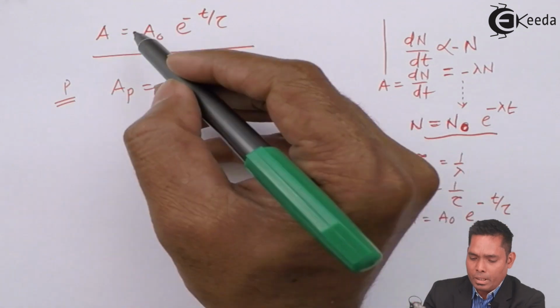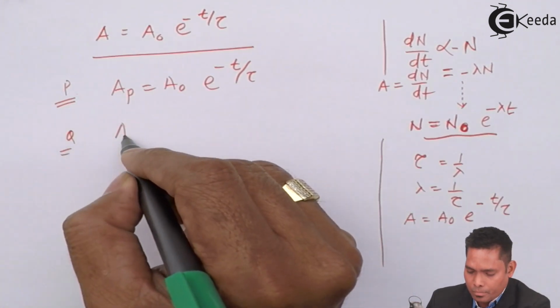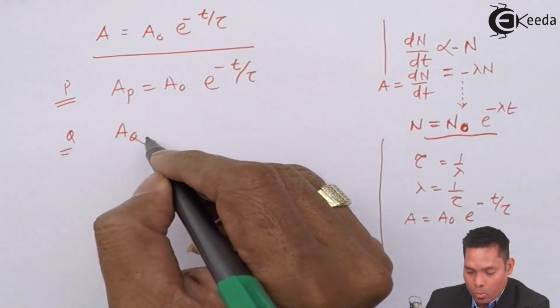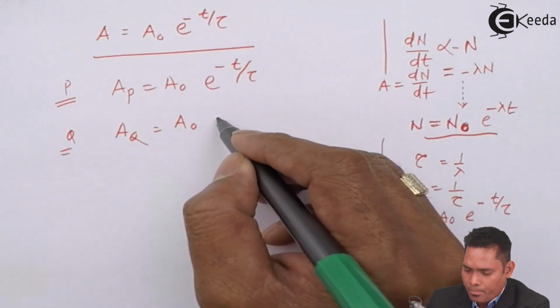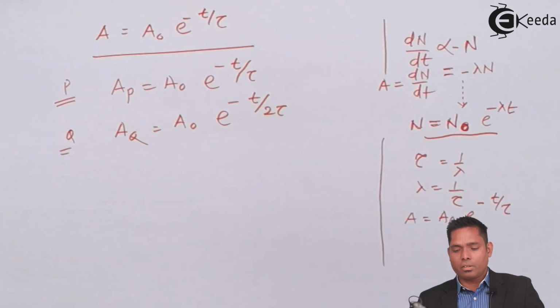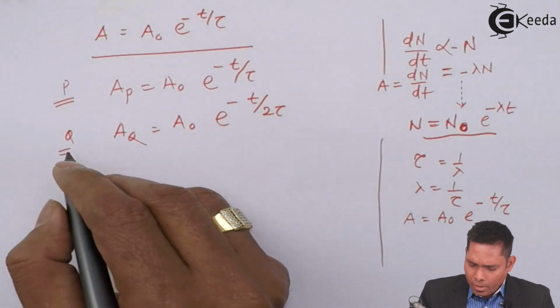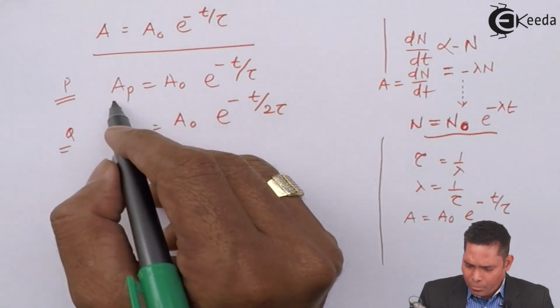For Q material, AQ is A naught, which is the same, times e raised to minus t by 2 tau. This is given.